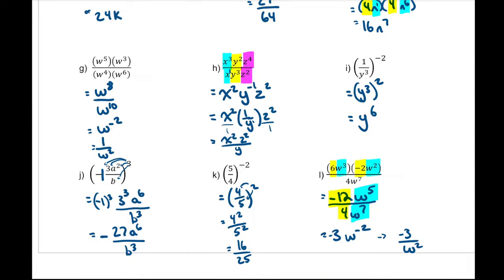You could look at it and say, well, I have 5 w's on top and 7 on the bottom. That means in the end, I'm going to end up with 2 w's on the bottom. So that's another way you could think of it, without going to the negative exponent and then flipping it back.